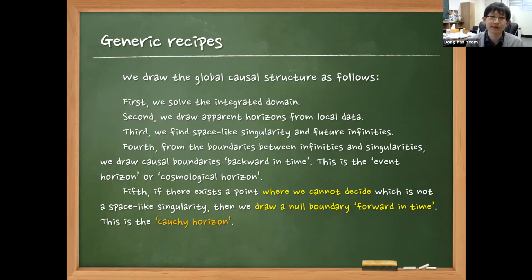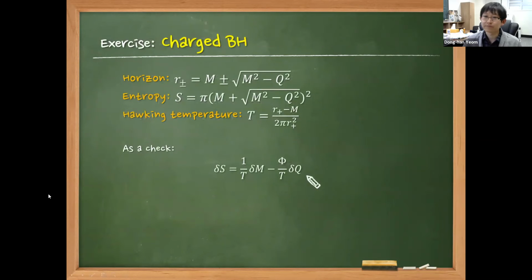So you first define local dynamics, and later you decide the location of the global horizons. This is the usual recipe of general relativity for the decision of the causal structures.